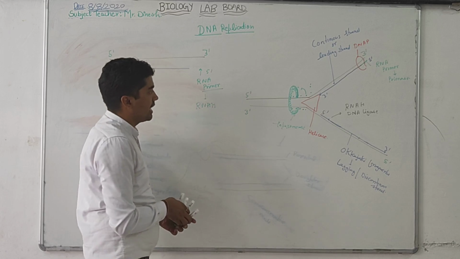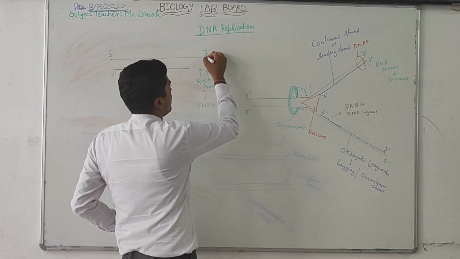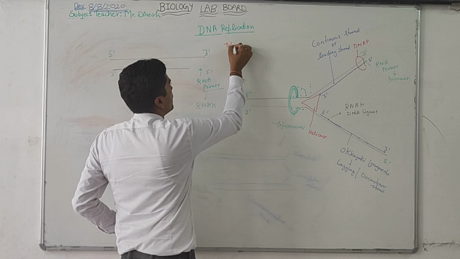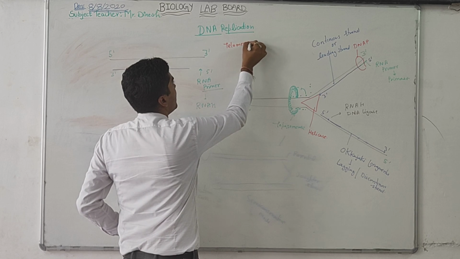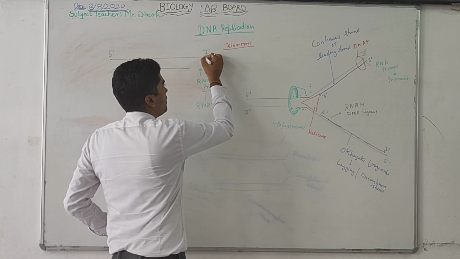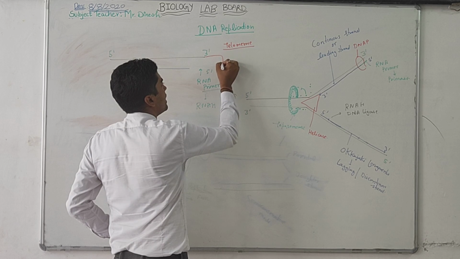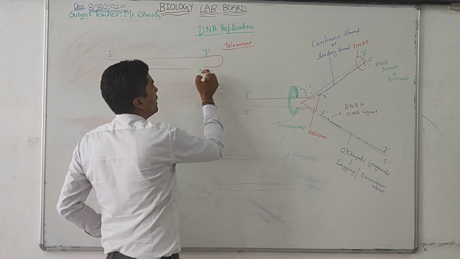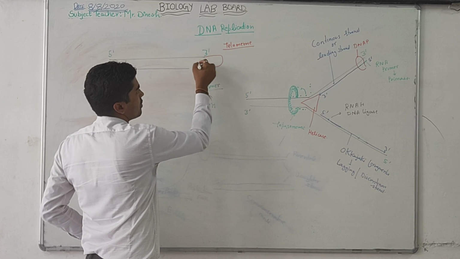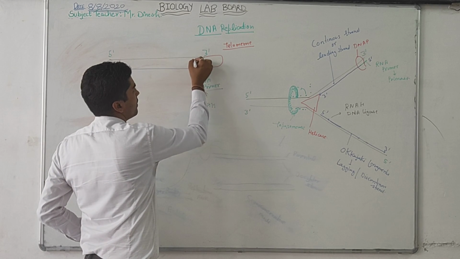So here this enzyme telomerase will work, and solve the replication problem. It will synthesize some chain by reverse transcriptase activity, and by making a loop, it will make this sequence complementary to this strand.